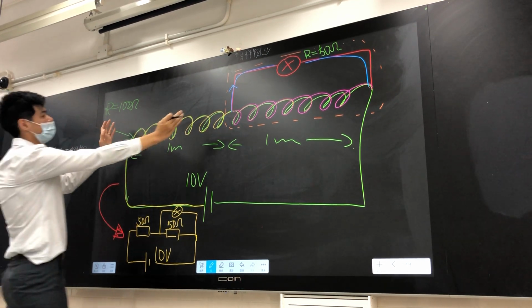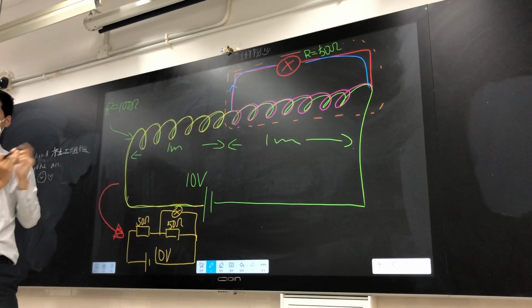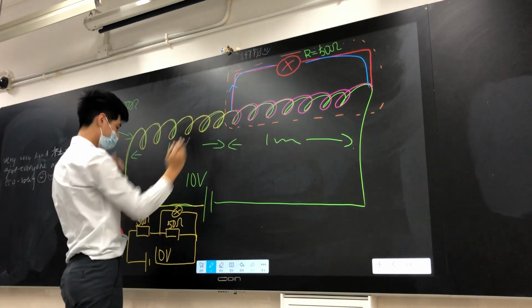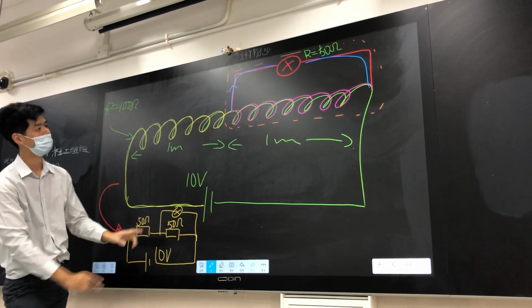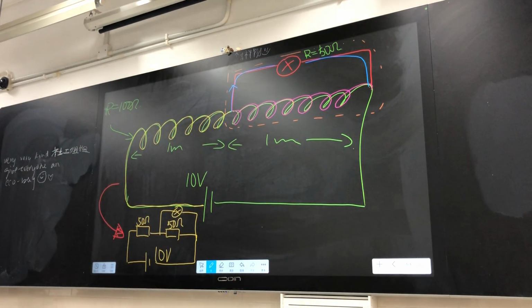Do you know why this equals 50 ohm? Because it is half. So this one equals 50 ohm, and this is another 50 ohm connected in parallel with the light bulb.